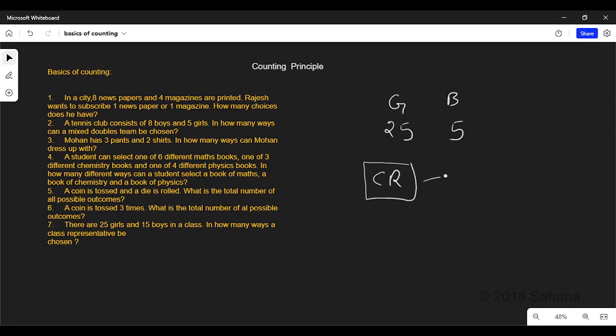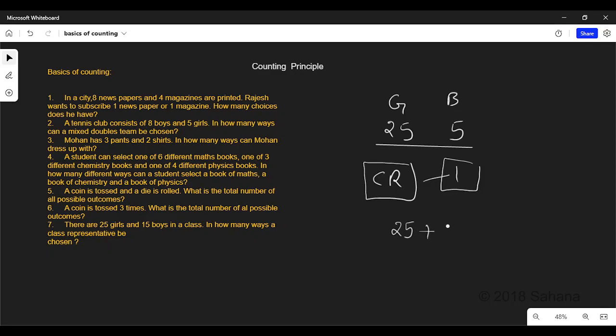Usually there will be one class representative. So I have to choose among 25 girls and 15 boys. I have to choose one person. How many options do I have? I can choose either a girl or a boy.